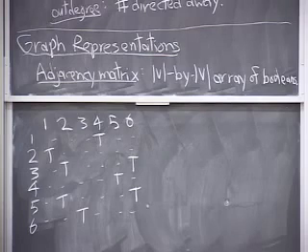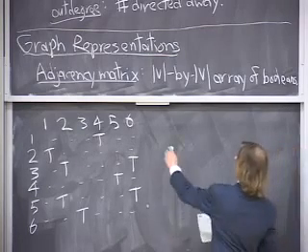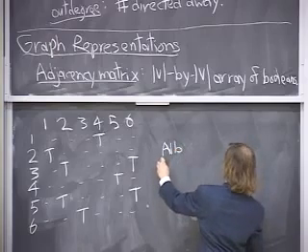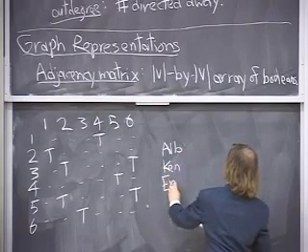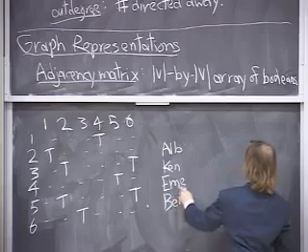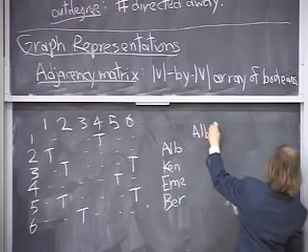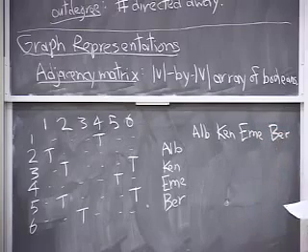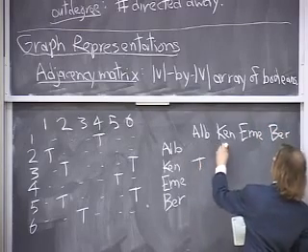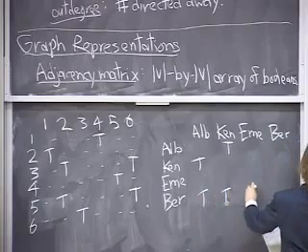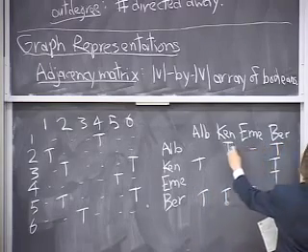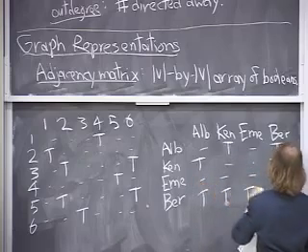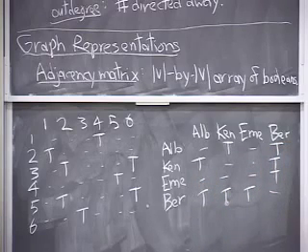For the city graph, you could do something similar, except I'm not going to draw the whole thing because I think part of it will get the point across. So again, you fill this in with trues for anything that's connected together. Though you'll notice one thing about this matrix is that because it's an undirected graph, the adjacency matrix is symmetric.